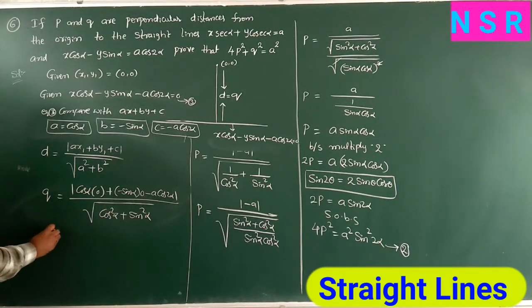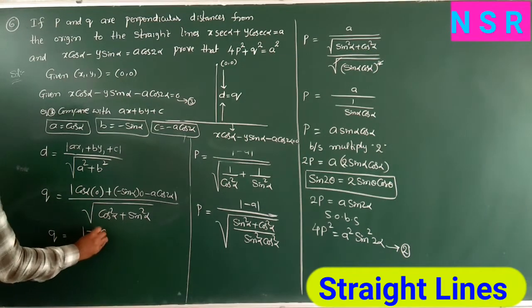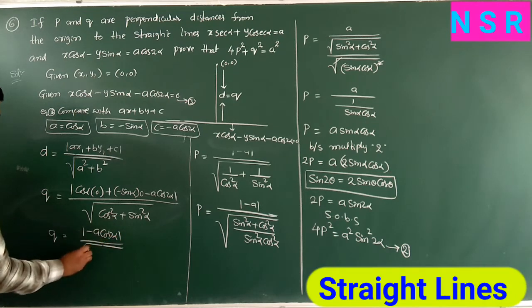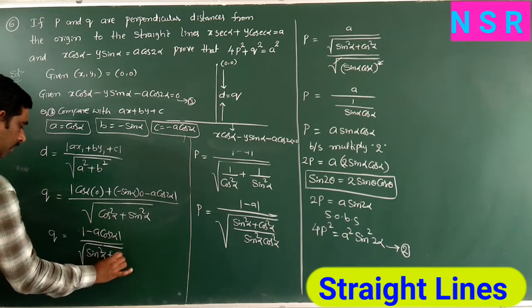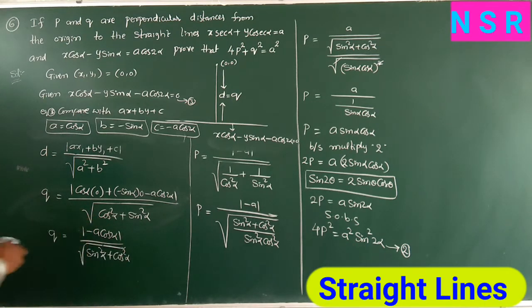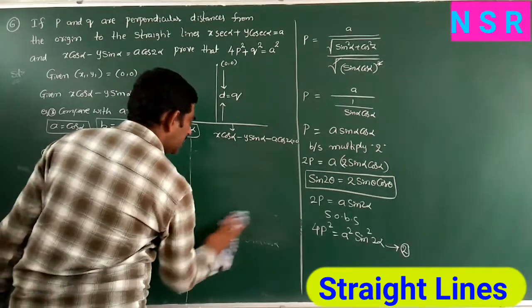So it can be written as cos square alpha plus sin square alpha, and sin square alpha plus cos square alpha both are equal. Now write sin square theta plus cos square theta is 1.